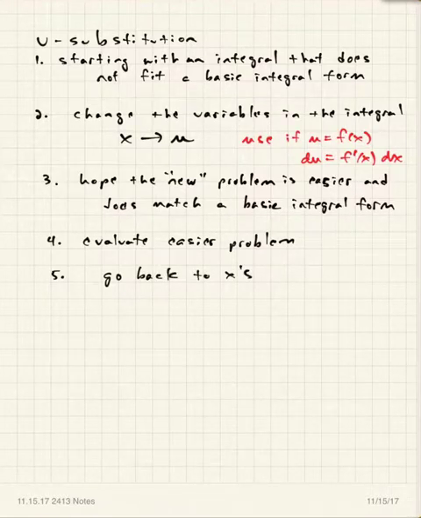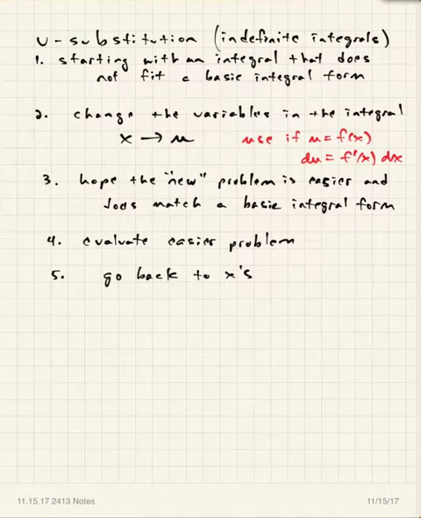Now this is for an indefinite integral. These steps right here, we're going to change this a little bit when we look at definite integrals. We won't do that right away, but during the lecture today, we will be looking at definite integrals also. And we have to do a little bit of changing around when we're talking about the limits of integration. So here you're going back to x's, you're starting with u's, and you're going back to x's.